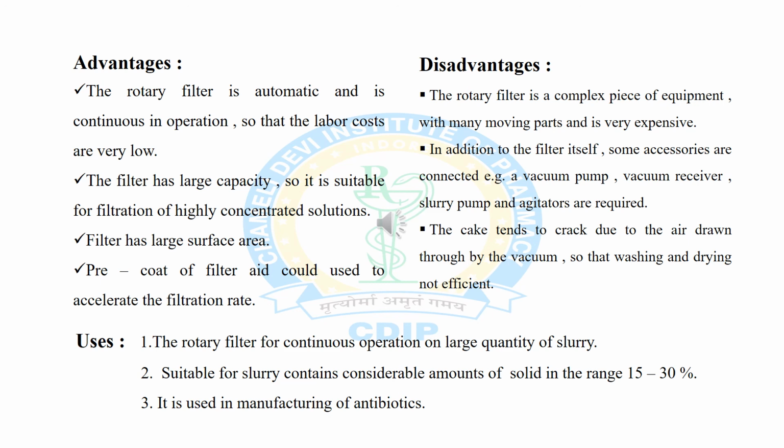The third use of the rotary drum filter is in the manufacturing of antibiotics. For the filtration of antibiotics, the rotary drum filter is the best option compared to others. So, this is all about the rotary drum filters.